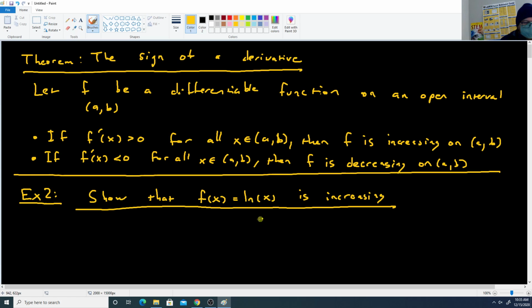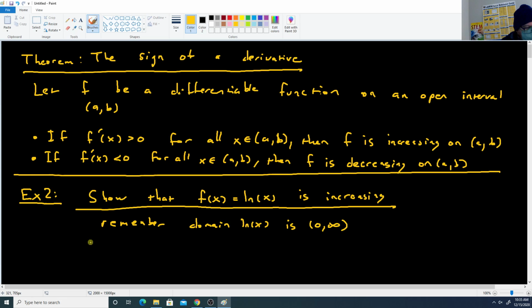So we need to remember from algebra 2 that the domain of natural log of x is 0 to infinity, which means natural log only exists for positive numbers. So first of all, we need to remember that.